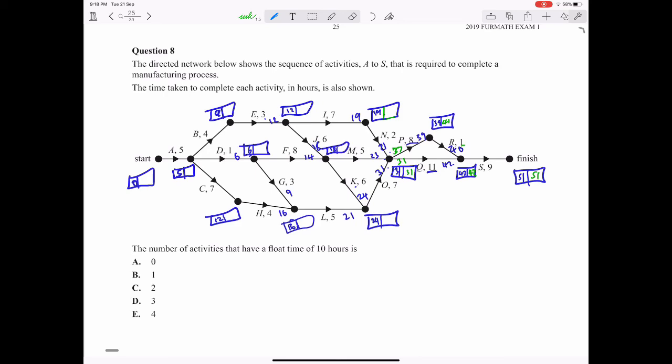31 minus 2 is 29. 31 minus 5 is 26. 31 minus 7 is 24. 24 minus 6 gives us 18.